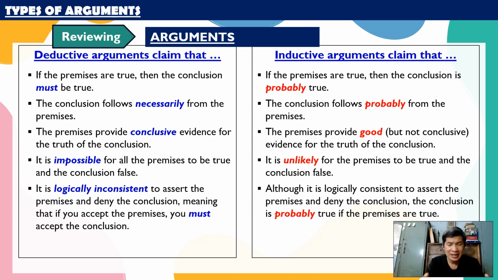It means that's the evidence for you to come to the conclusion. But in inductive arguments, the premises are just good evidence, something for us to consider. It can be strong consideration. It doesn't mean that based on this we have to choose something. Okay.